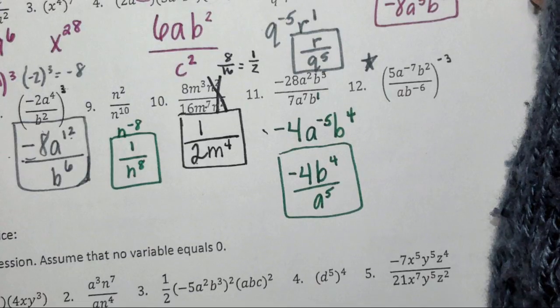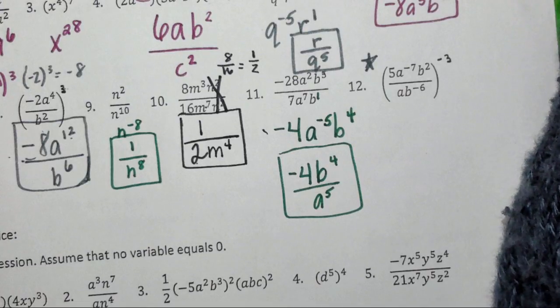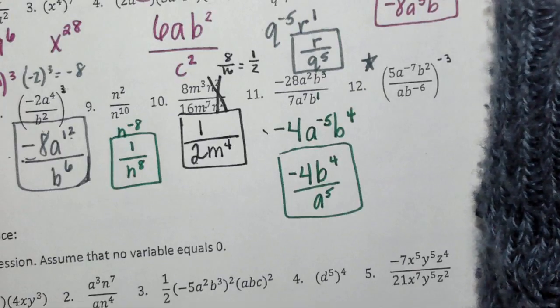5 to the negative 3 is not negative 3. It's just a friend. See your friend.